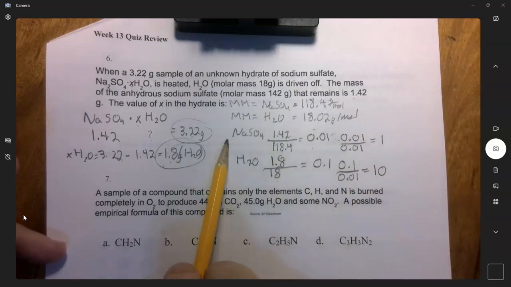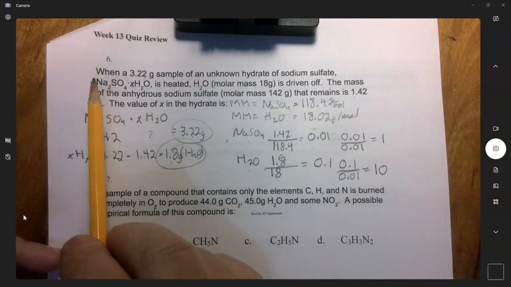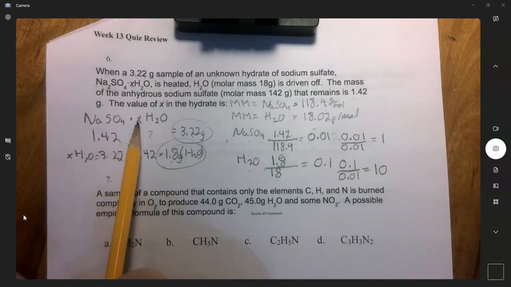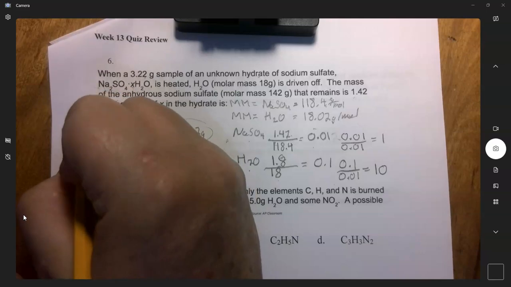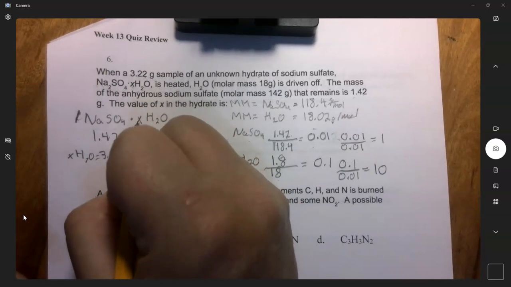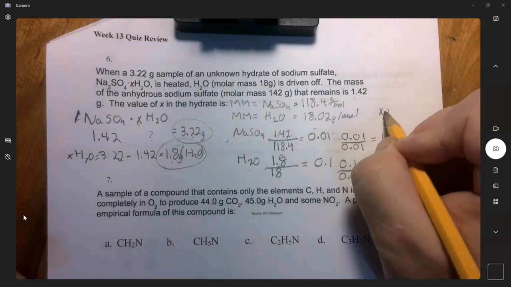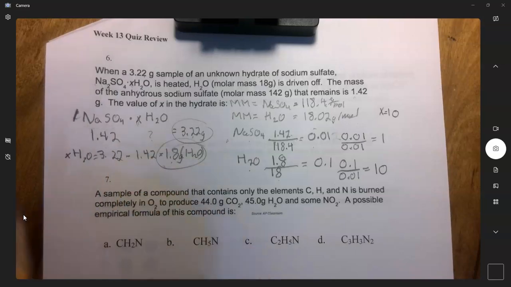So for every 1 mole of Na2SO4, we have 10 moles of water. So you have 1 mole in this formula right here, 1 mole Na2SO4, so X is going to be 10. Again, if you like to write the coefficient of 1, go ahead and do that. 1 mole of that, 10 moles of that. So X equals 10. All right, so 10 H2O.